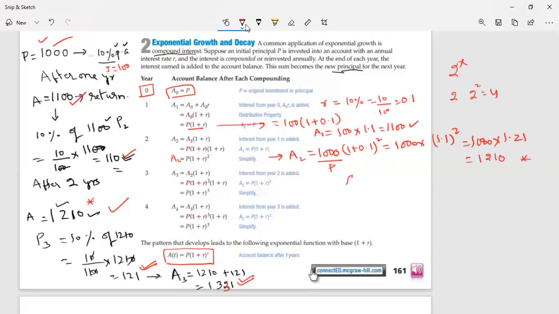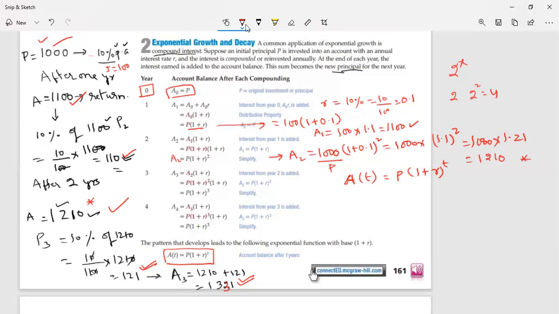The formula is A, the amount returned after time T, is equal to P into (1 plus R) raised to power T. But this is for the end of the year.